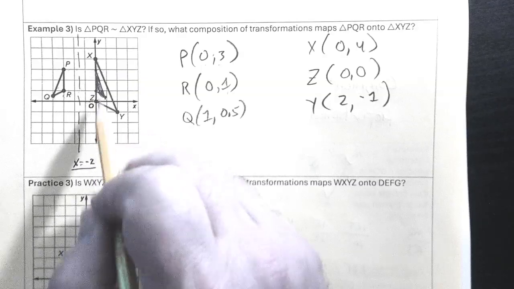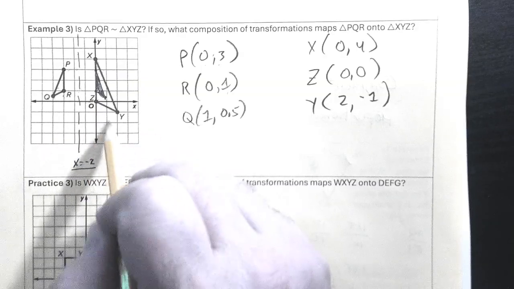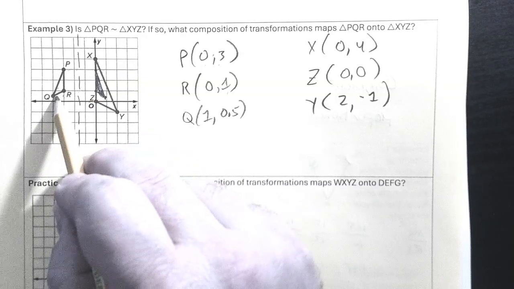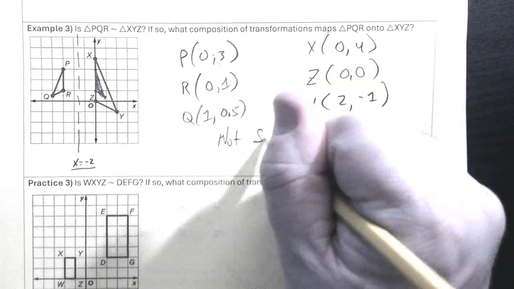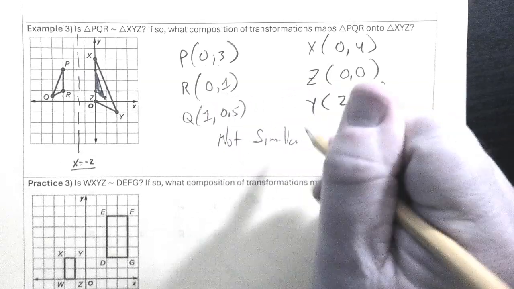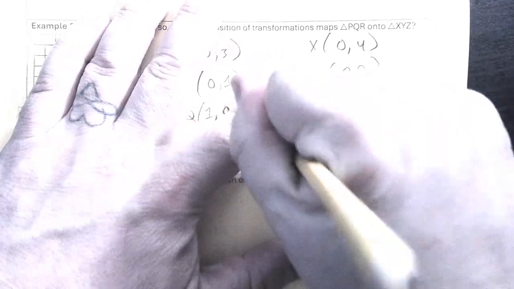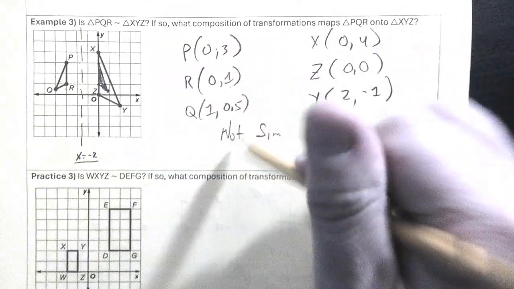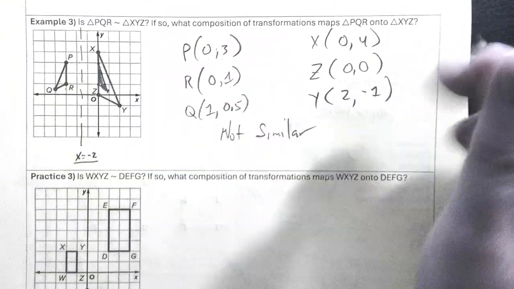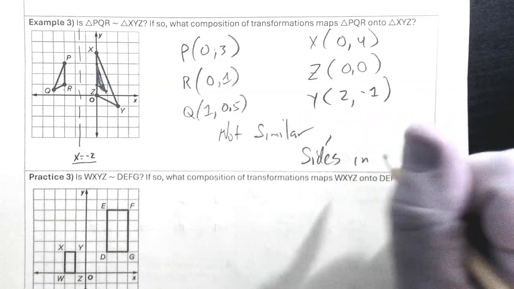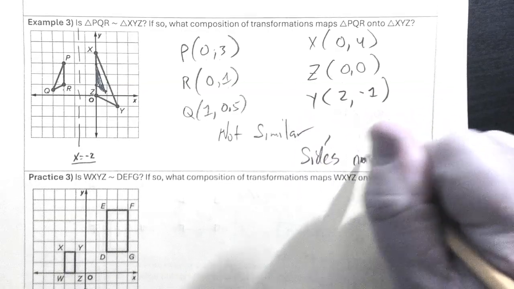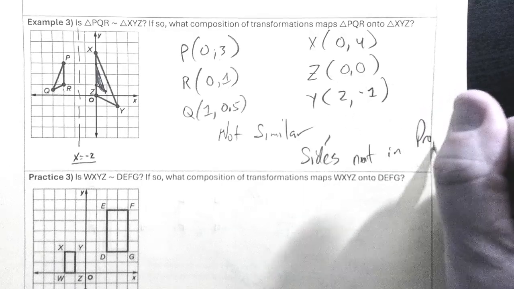These were equal, but this guy was not, and they're not similar. So, not similar. These are not similar, and it's because the sides are not in proportion.